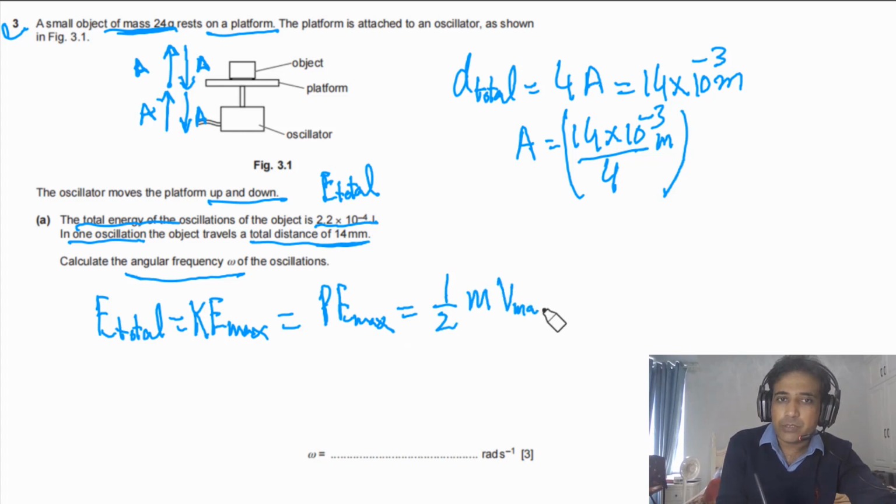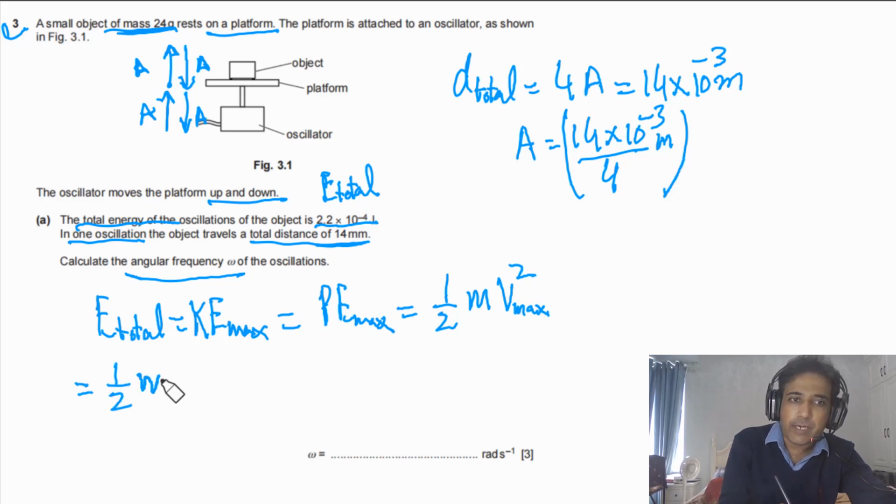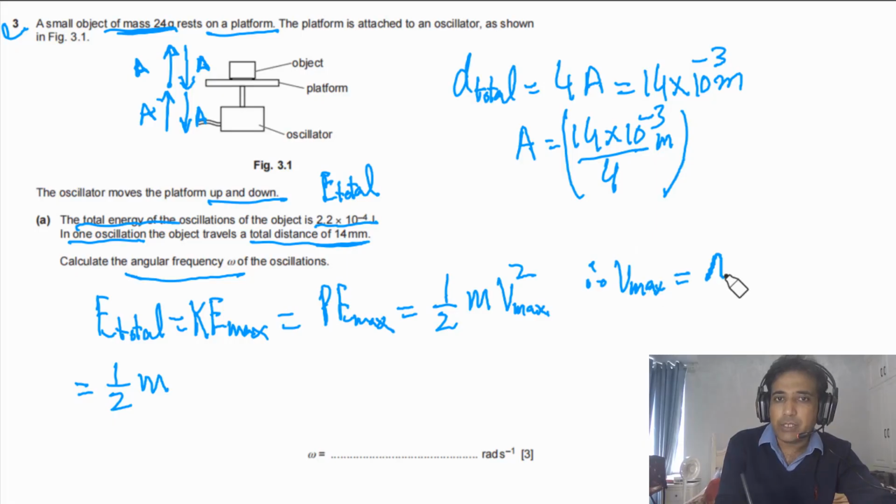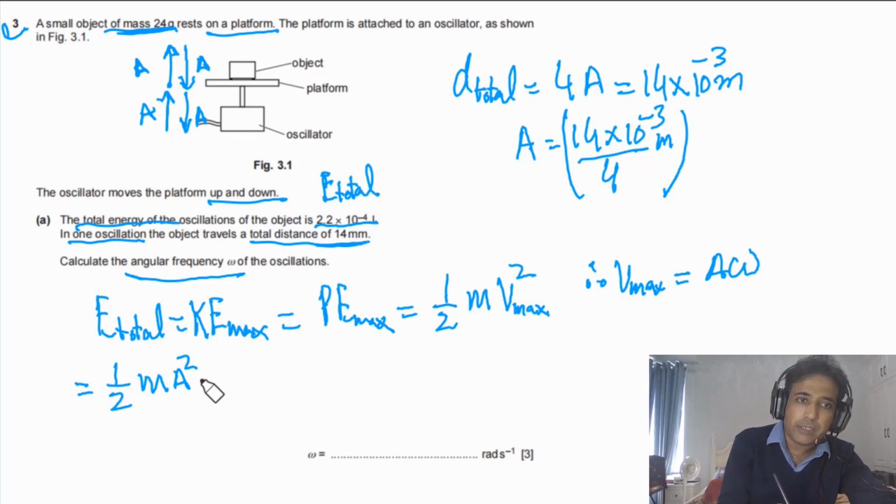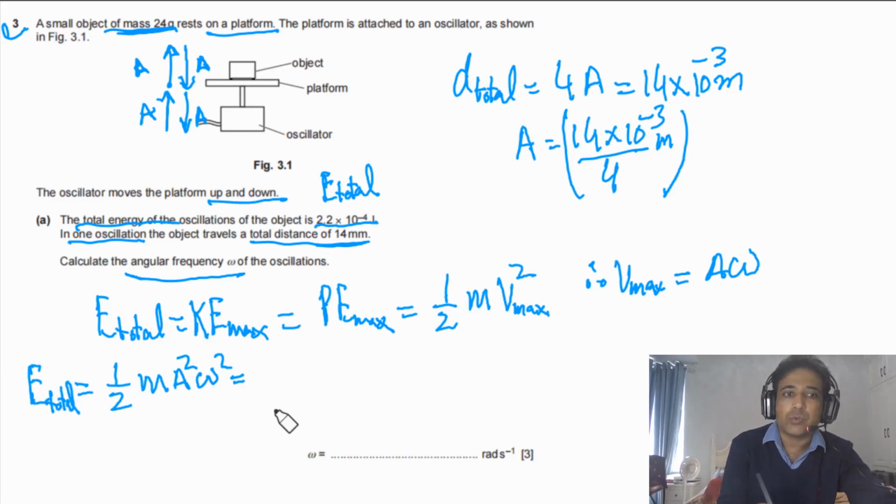Here we have m, and V max we need to understand, V max is equal to A times omega. So simply we can replace V max with A omega, so we will get A square omega square. Now simply we need to plug in values. Total energy we have, so we can first write down E total, and now we can plug in values.